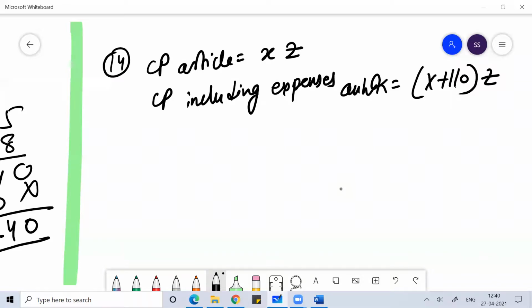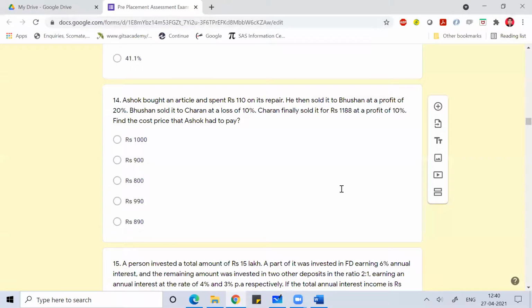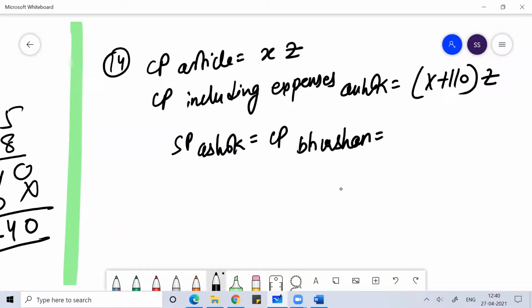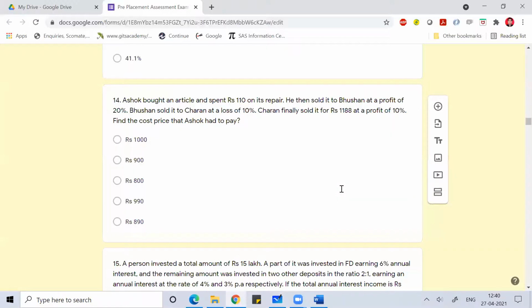So now his cost price becomes X plus 110. He sold it to Bhushan at a profit of 20%. The selling price of Ashok is the cost price of Bhushan.